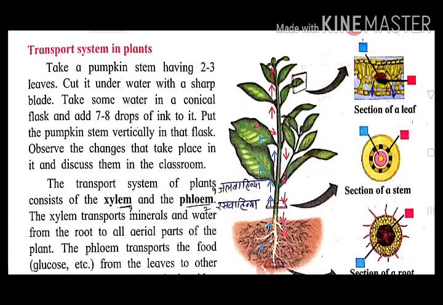Then cut the pumpkin stem with 2 to 3 leaves. It is most important to cut it under the water. Put that stem in the conical flask or glass vertically and observe.